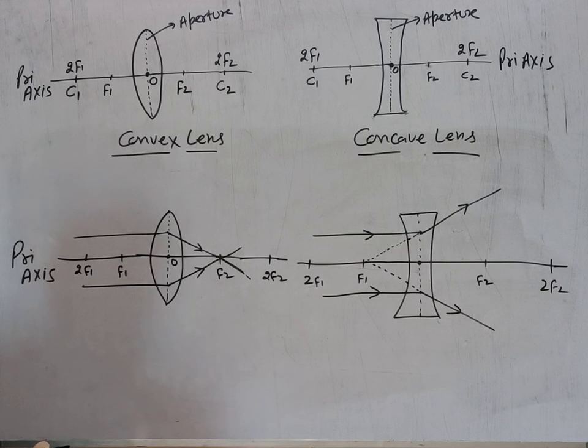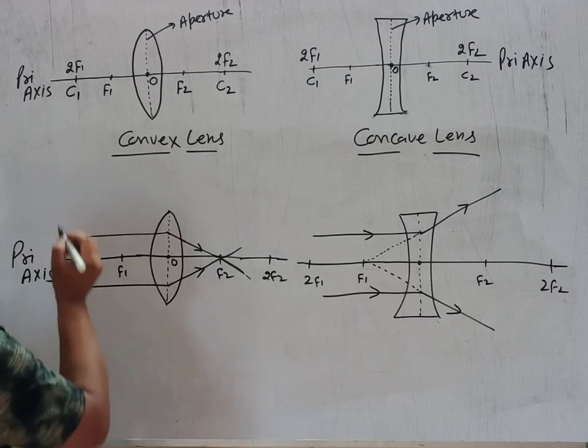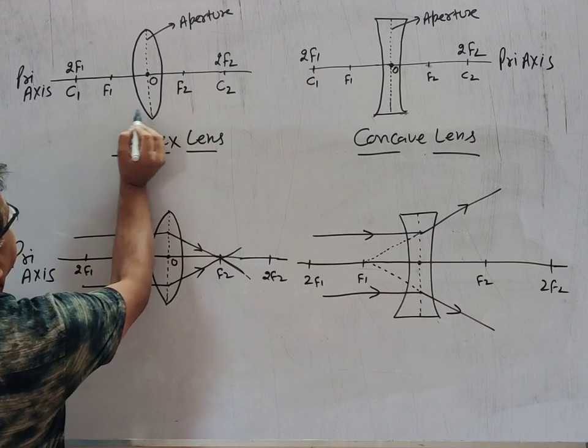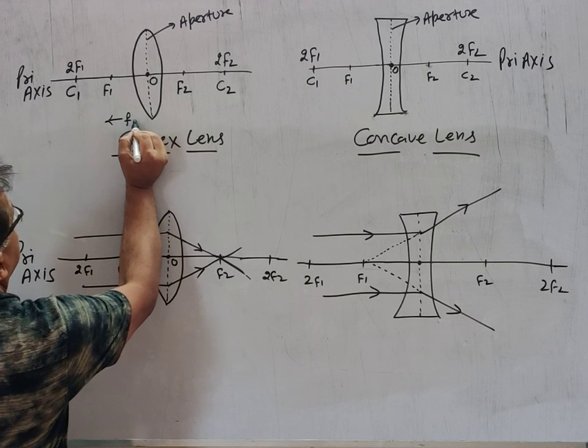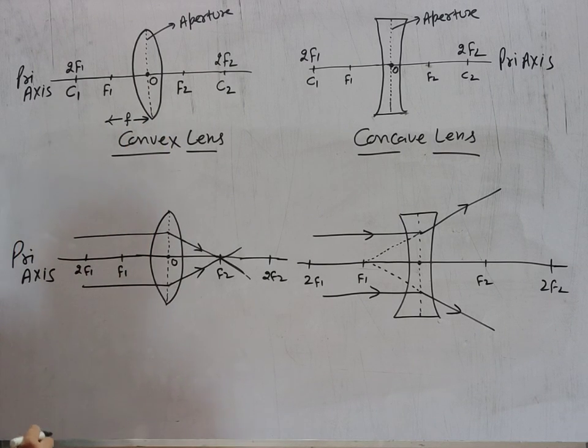Now one more term is left, that is focal length. Distance between optical center and principal focus is known as focal length. But before explaining that, I shall explain why these are known as converging or diverging lens, because diagrams are already made.